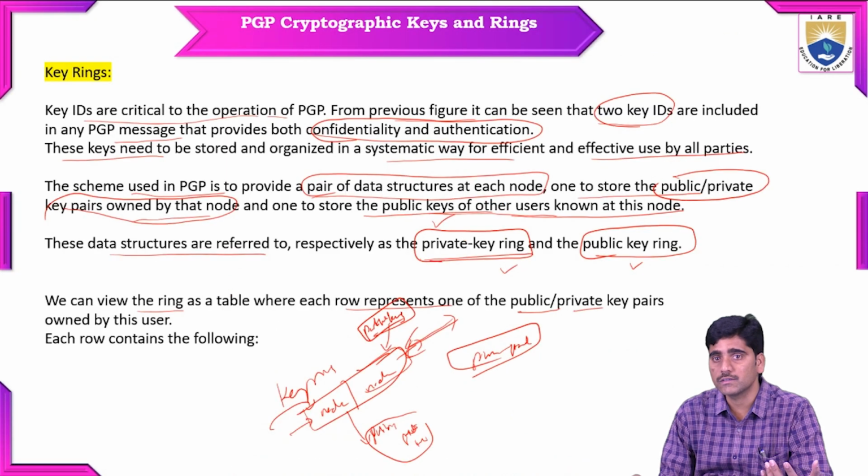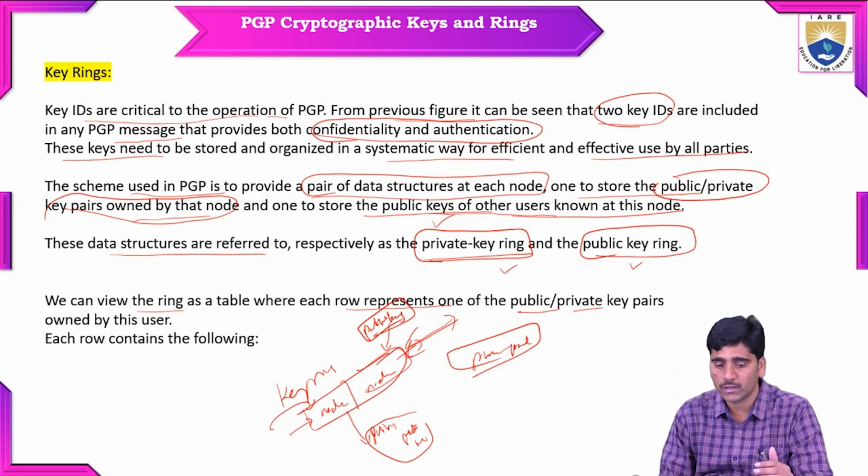And key rings. Key rings are the key points, represented as a data structure which maintains both public and private key records in the form of nodes. Each node stores public and private key pairs, and the public keys of other users.